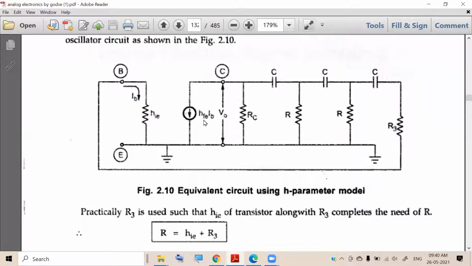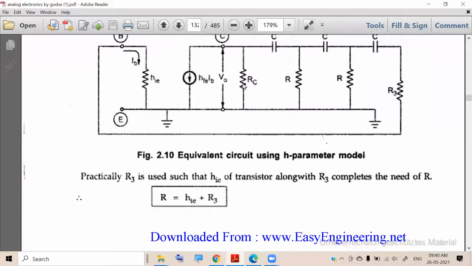See, simple source transformation. A current source in parallel with a resistance is equal to a voltage source in series with a resistance. What will be the value of the voltage source? Current source multiplied by resistance. So the voltage source value will be HFE IB into RC, with the resistance as it is.